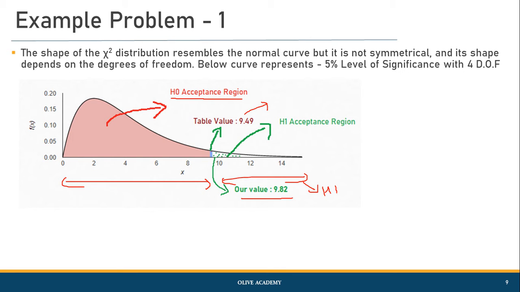H1 can be accepted. So since our value is 9.82, which is in this region, right? Because 9.49 is somewhere here, whereas our value is somewhere here.